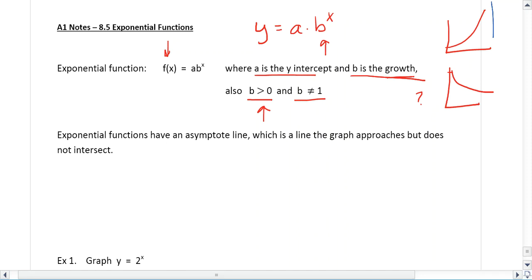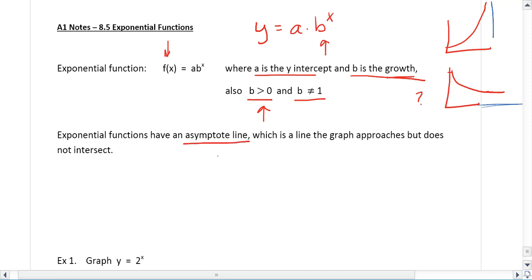These graphs aren't fabulous, so we'll be looking at this a little more. So it's going to get closer and closer. This one is going to keep decreasing, and it's going to get closer and closer and closer to this x-axis, but it's never going to cross it. So these lines that the graph approaches but never crosses are called asymptote lines.